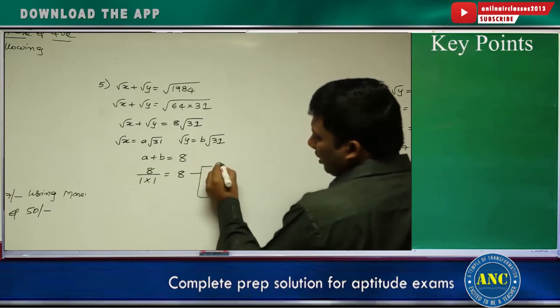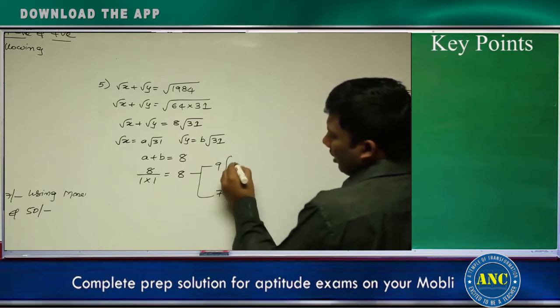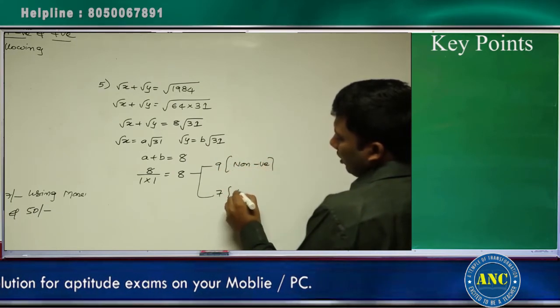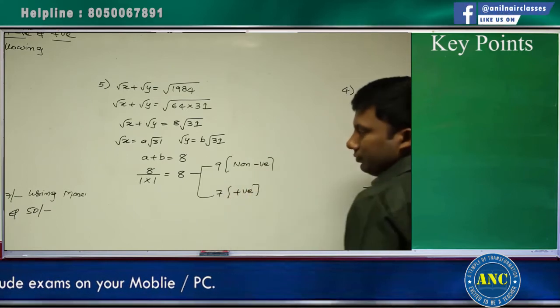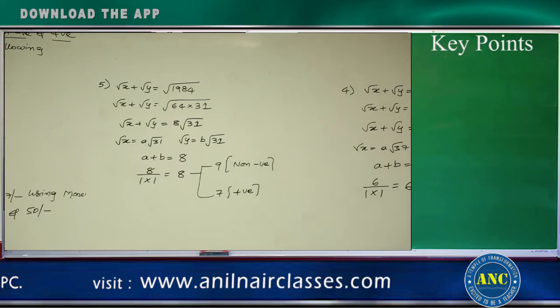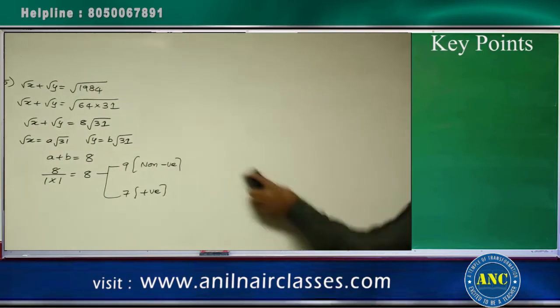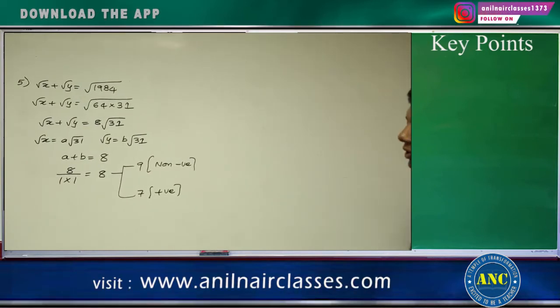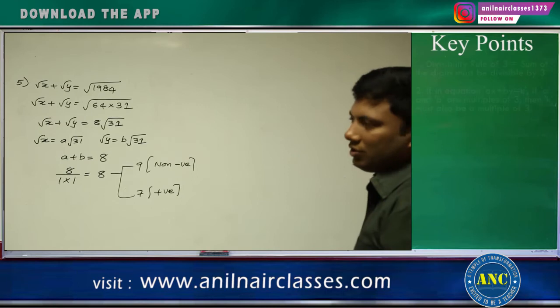So the answer will be 9 and 7. 9 will be total non-negative and 7 will be total positive. Once you understand, these are all very easy to solve. 9 non-negative and 7 positive, right?